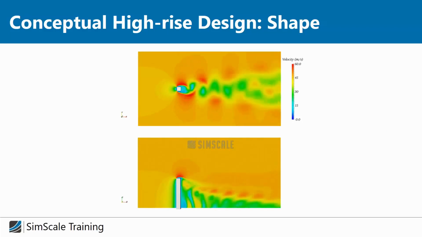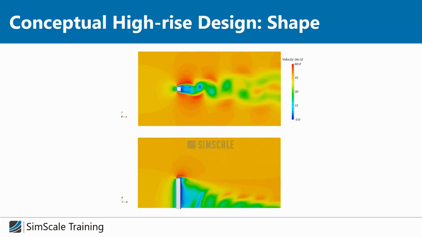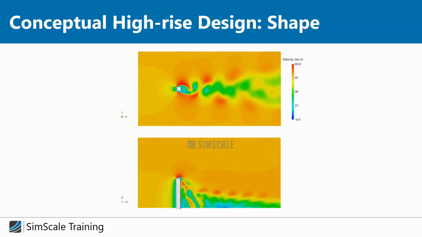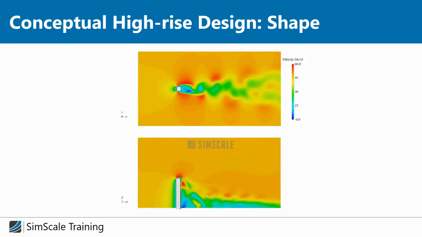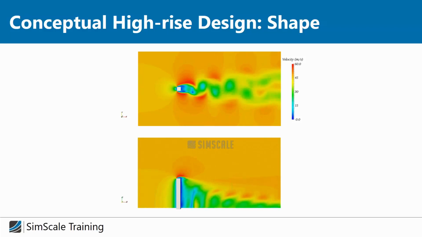And what we can see here right now is the animation of the velocity. And it's, by the way, a periodic effect. If you think about it, these blue areas represent our dead water zone, and this is moving all the time, which means that our load will also fluctuate over time.